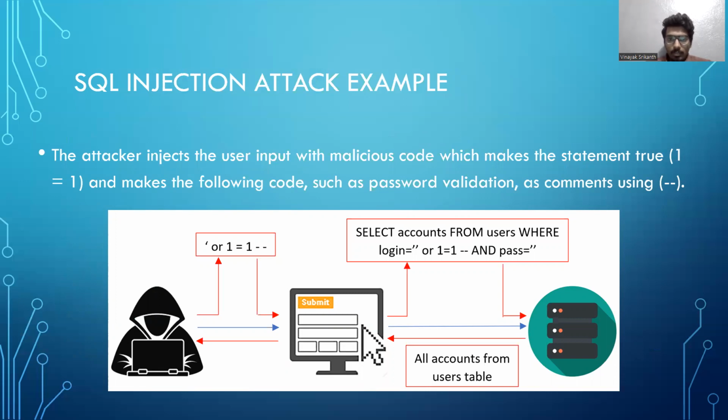The entered malicious code is going to go into the login field, and the 1 equals 1 makes the statement true, which is always a tautology, and the dash dash at the end is used for commenting out the rest of the SQL query. Here we can see that the password validation is getting commented out. So all accounts stored on the database in the particular table will be returned to the hacker.